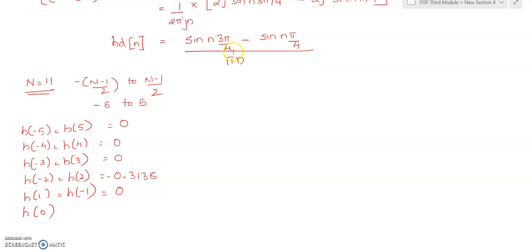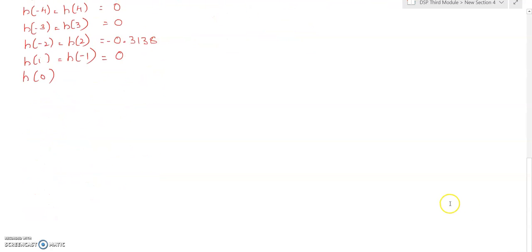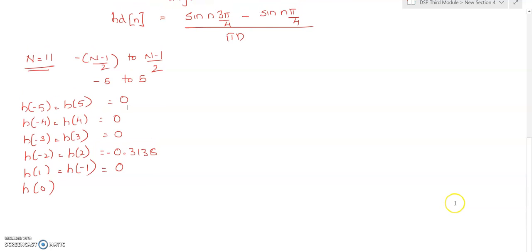I mean, the required brackets have to be placed correctly, and then the value should be computed. Only then it would be error free. Otherwise there will be chances of errors. Anyways, for your convenience, I'll just solve out h of 0.